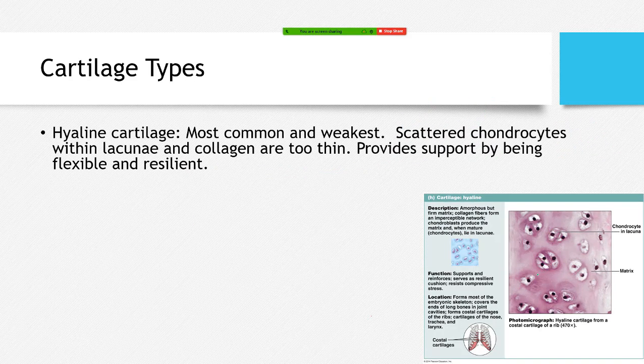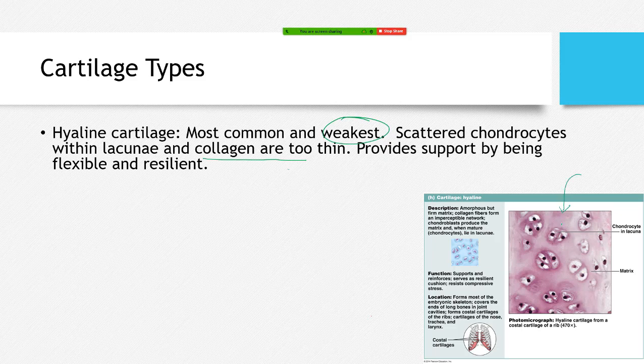Alright, let's take a look at the different cartilage types now. The most common in our body is the hyaline cartilage. And when we look at hyaline cartilage, it is the weakest. The reason why it's the weakest is because the collagen fibers, there are collagen fibers, but they're very, very thin. They're so thin that, can you see any collagen fibers in here?